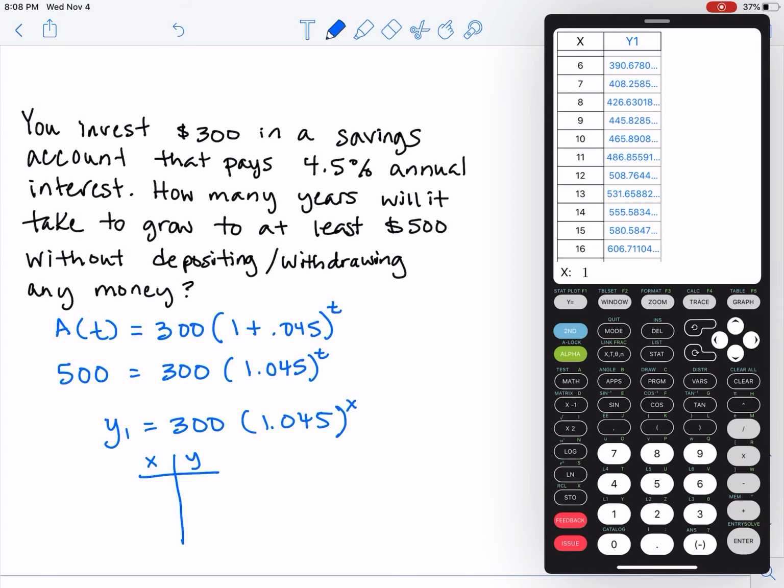So I'm looking here, and it looks like at 11 years, let me use my table, I have $486.86. And then at 12 years, I have $508.76. And then at 13 years, I have $531.66.